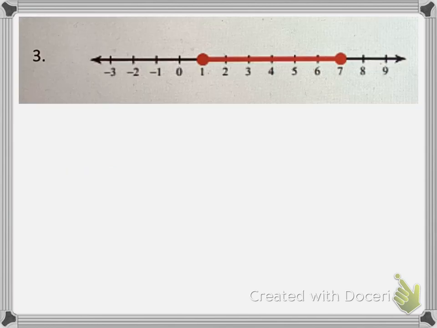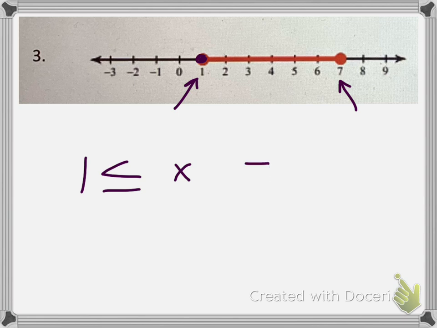Let's try another one. Oh, look here, there's no spacing in there. This is an and. So here's how I write my and statements. I put my first number, 1, and then I go less than, it's colored in, so that means it's also equal to. I put my x in the middle, and then I put my second number, 7.